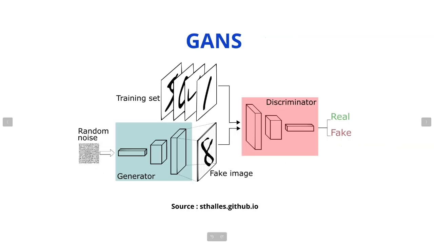Now we have another type of model, which is GANs. In GANs, we have two networks, a generator and a discriminator. We pass random noise to our generator, and our generator reconstructs an image. Then we feed our original data and our reconstructed data to our discriminator.